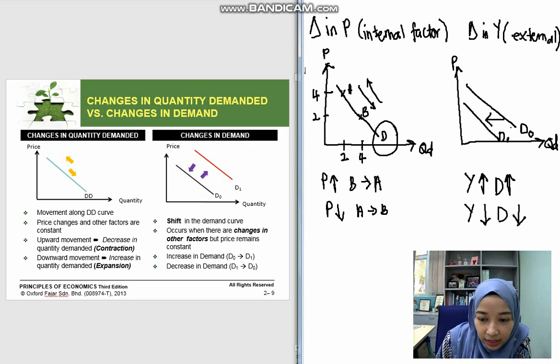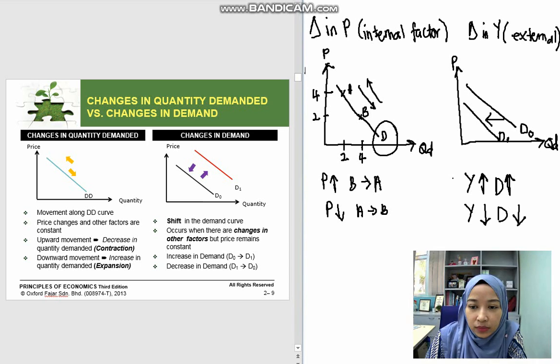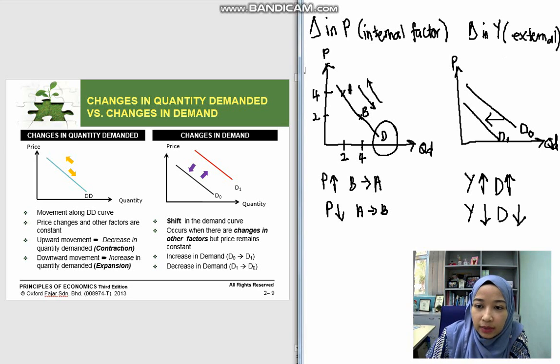It should be parallel, the D0 and D1 should be parallel. Okay, so the movement will be from D0 to D1, which shows that demand has decreased. Okay, so if you look at this graph here on external factors, so one of the factors that I give example here is the change in income.